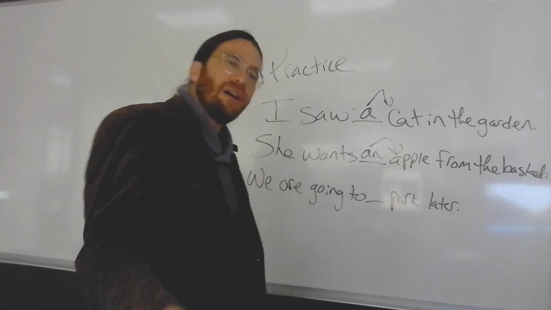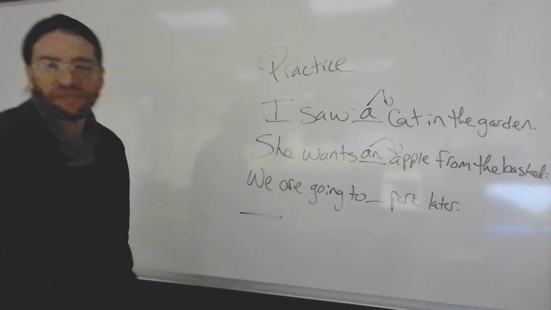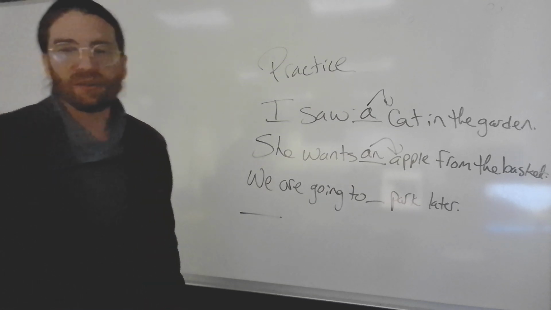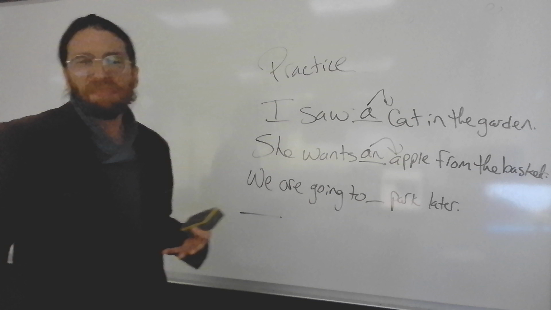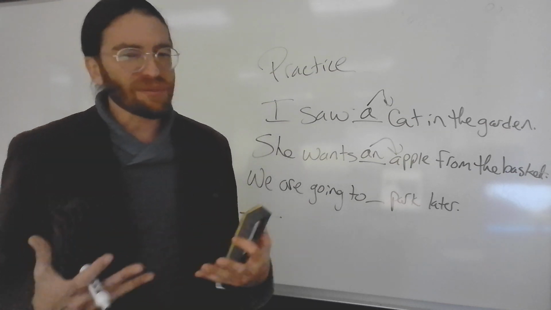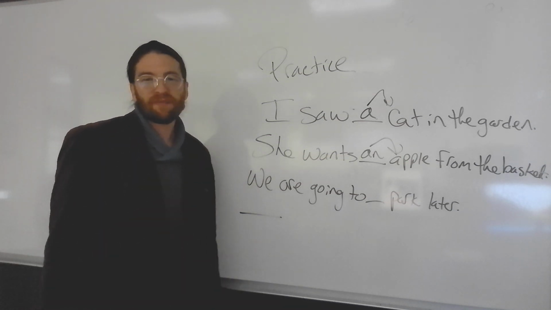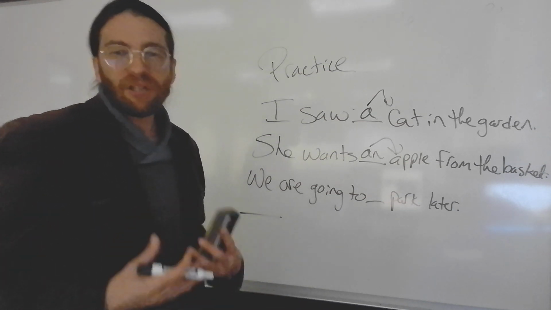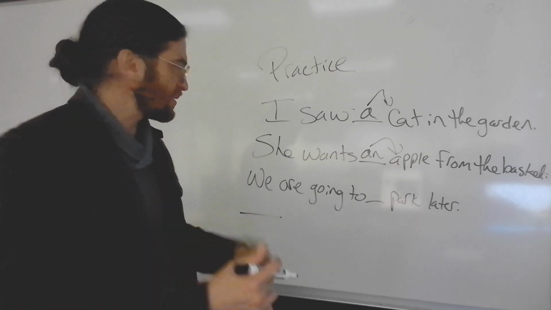All right, let's look at one more. What about those uncountable nouns? Blank water is in this bottle. How are we going to think about it if we're counting bottles? Okay, but what about water? Blank water in this bottle is cold.